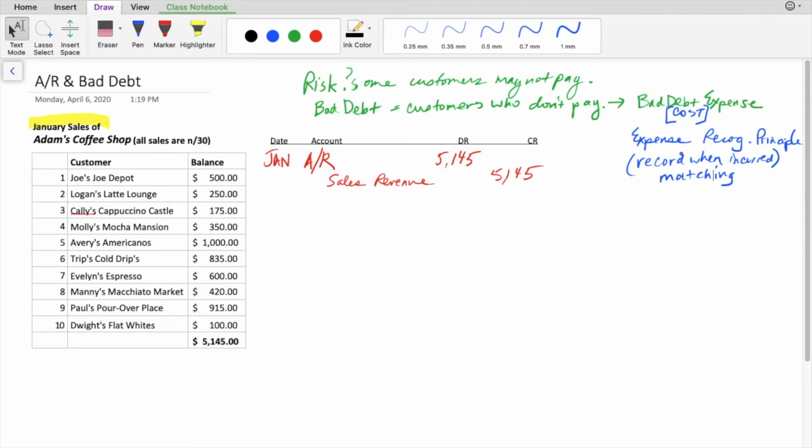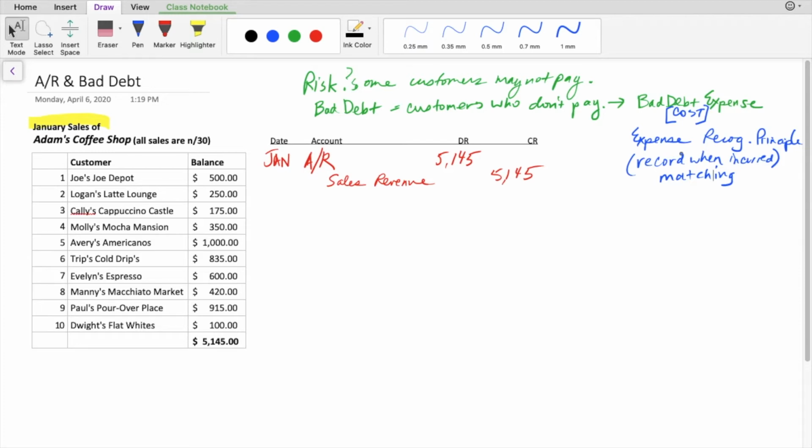Because even though I don't know it yet, as soon as I make that sale to that customer who's not going to pay me, I've just incurred a cost. I'm not going to find out that they didn't pay me for quite some time, in all likelihood, but I have incurred the cost. In addition, when we record expenses, we have to match them to the revenues, right?